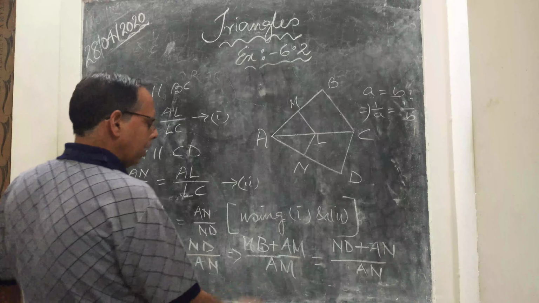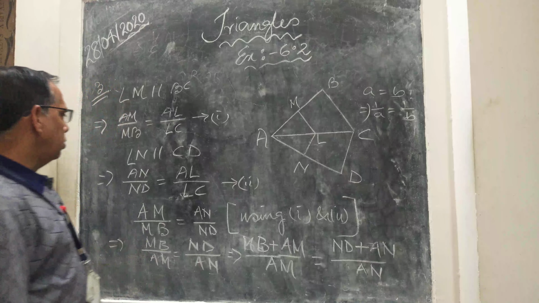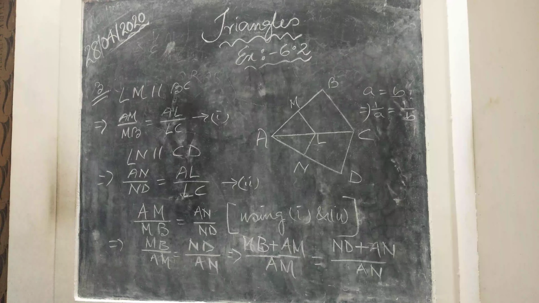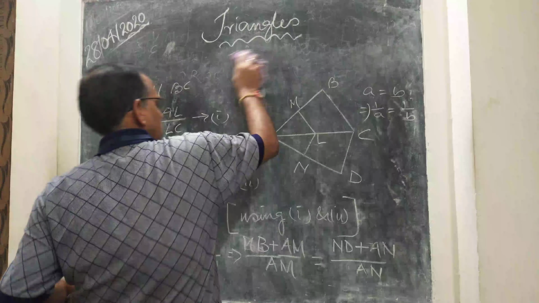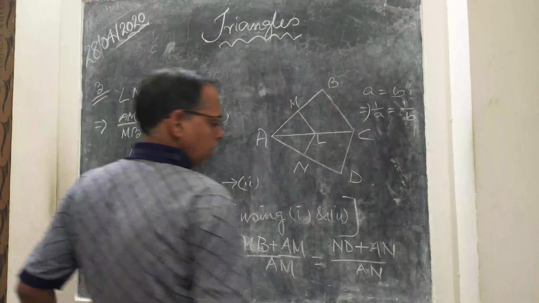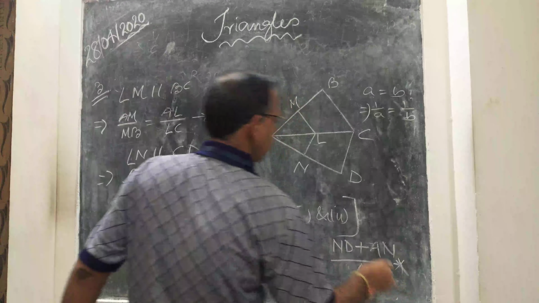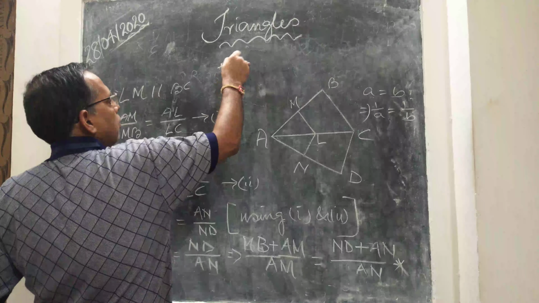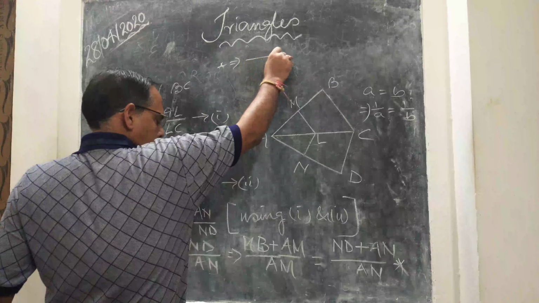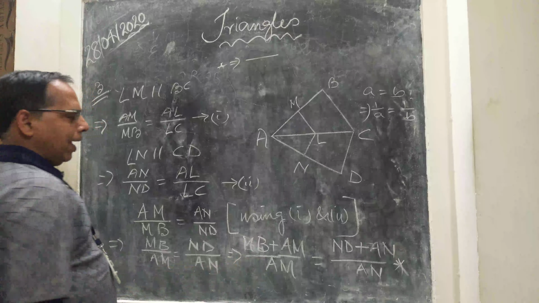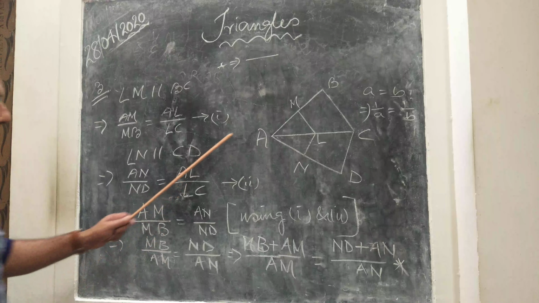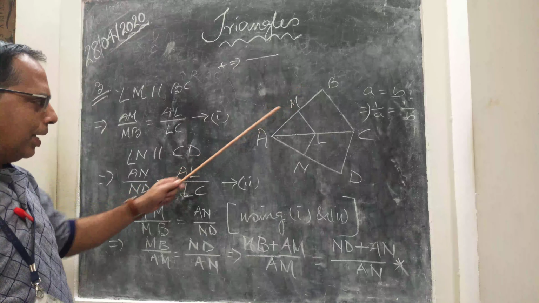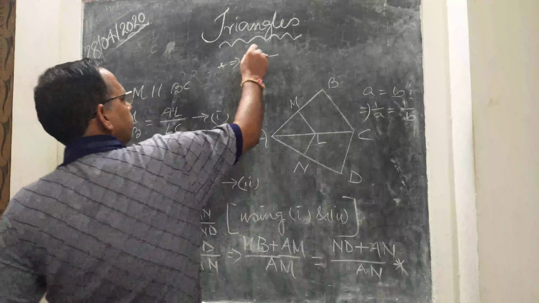Then if you add, what will you get? MB plus AM, what is that? AB.